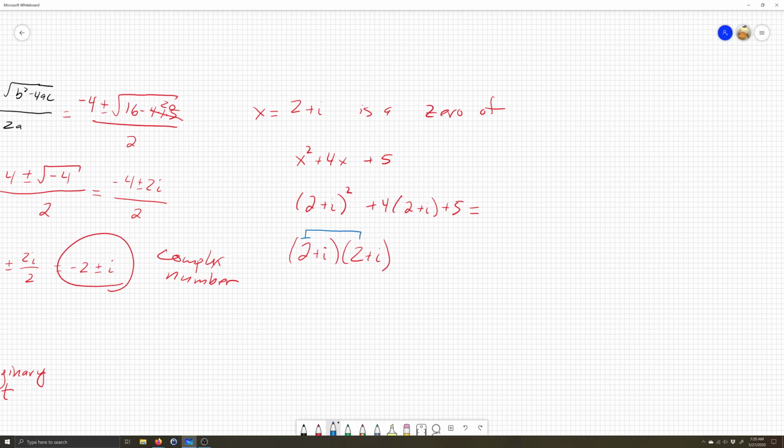So 2 times 2 is 4. 2 times i is 2i. And then I times 2 is also 2i, where you typically put the i last. And then i times i is i squared. Now, note that i squared is, of course, negative 1, so this whole thing is 3 plus 4i.